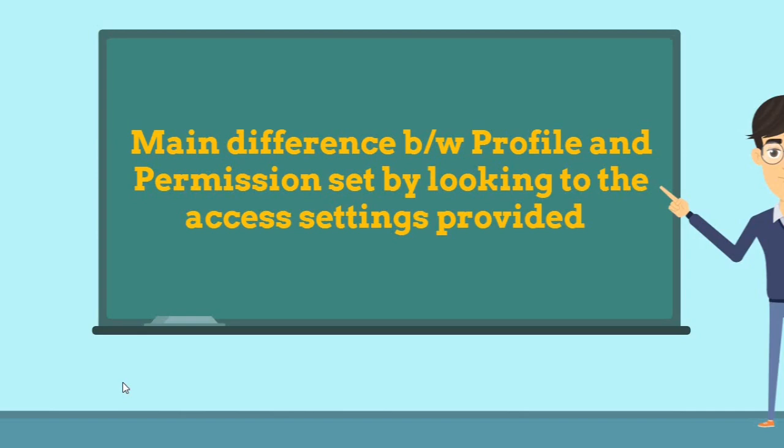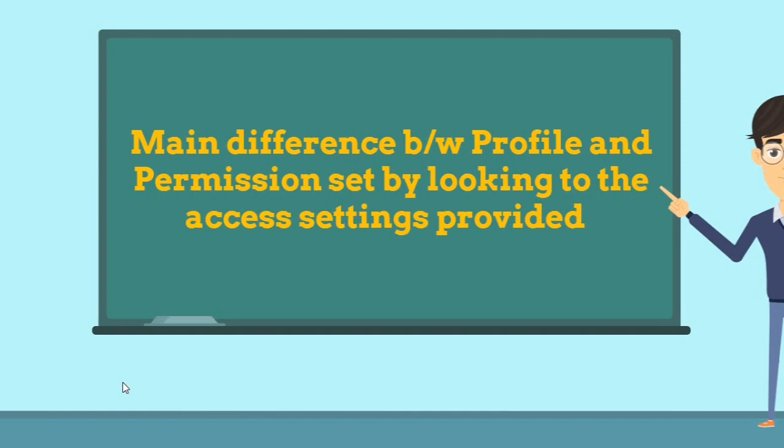Here the answer is not something direct like stating the definition of profile and permission set. The main answer hides in the org. When you open the org, you will find that some of the access settings in the profile and permission set are similar, but the profile consists of some more settings than the permission set.